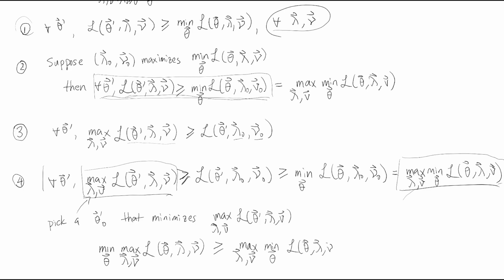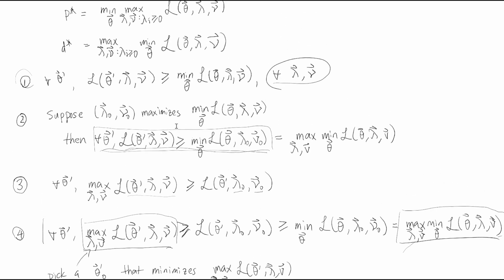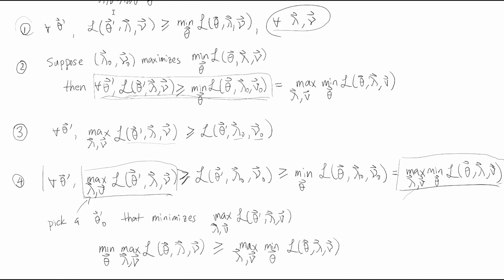Okay, I'm just going to write the whole thing. And if you look back, we don't have to look back very far, just scroll up a little bit. When the min over theta appears first, that one is actually P star. And when we swap the order, that's D star.